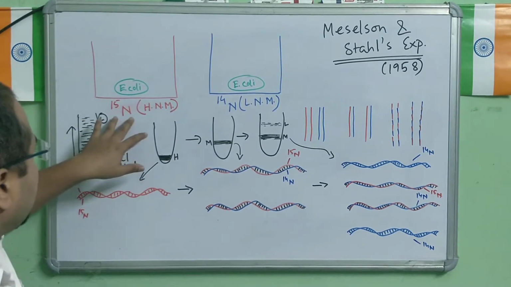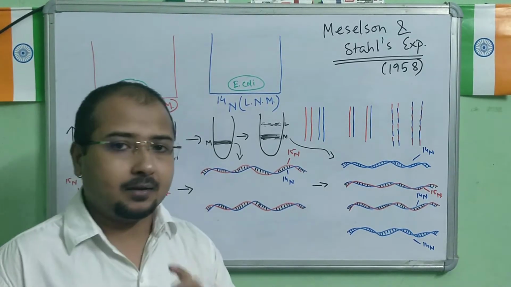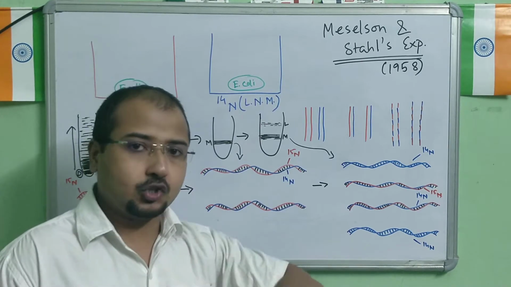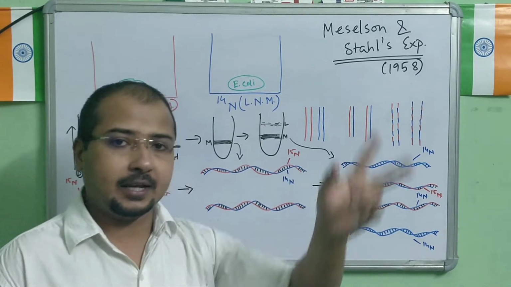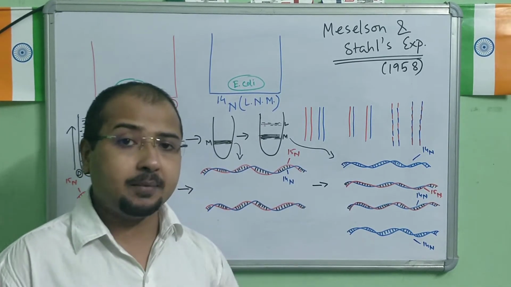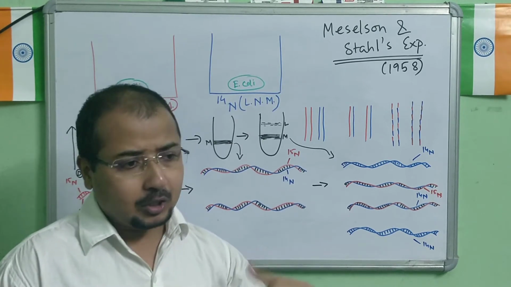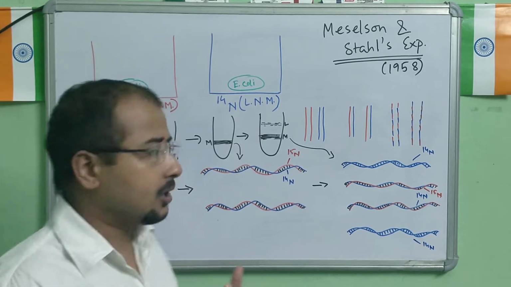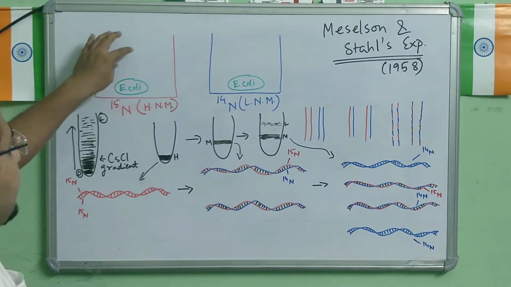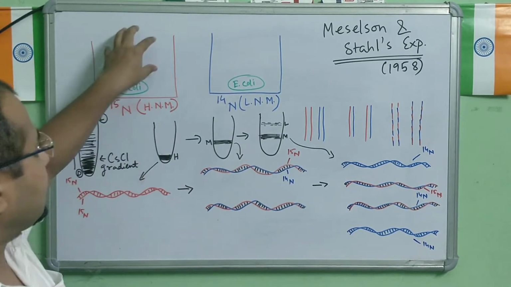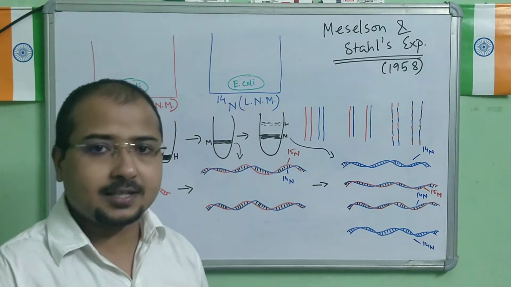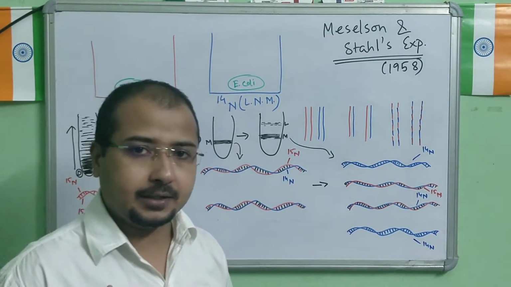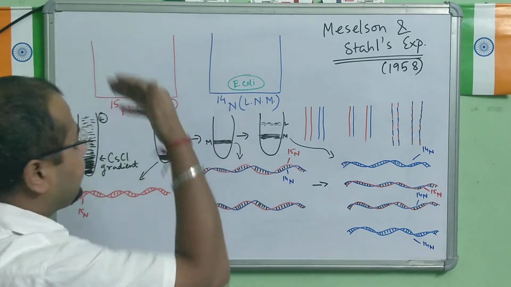It's a heavy isotope of nitrogen. Nitrogen has two isotopes, N15 and N14. N15 is the heavy isotope because the number of neutrons is more than in the normal isotope. In this medium, this heavy nitrogen is the only source of nitrogen for the bacteria.